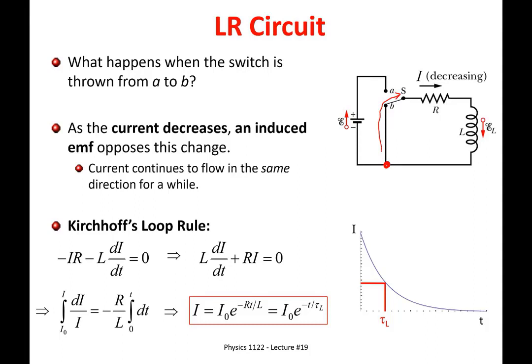We first encounter the resistor as a potential drop of negative IR, and then we encounter another potential across the inductor, which is negative L dI/dt. And since dI/dt is less than 0, that's actually a potential gain across the inductor.